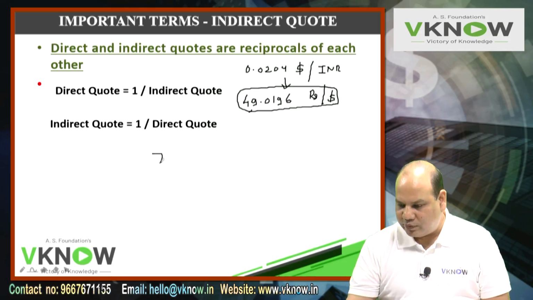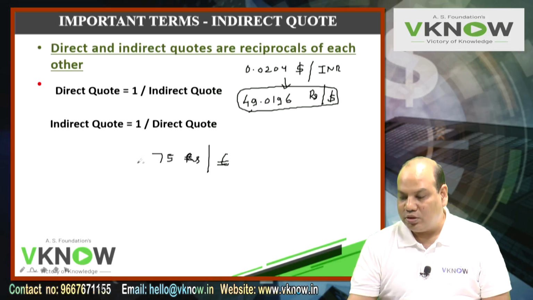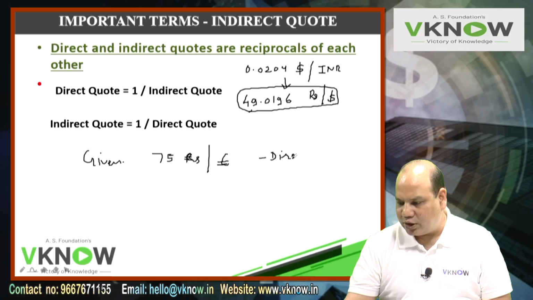Or suppose you are given exchange rate is 75 rupees per euro. Given 75 rupees per euro, it is a direct quote in India. Agreed? Find out its equivalent indirect quote. What is its equivalent indirect quote?